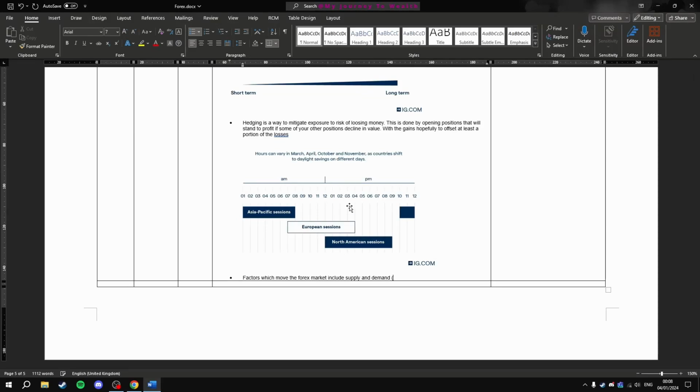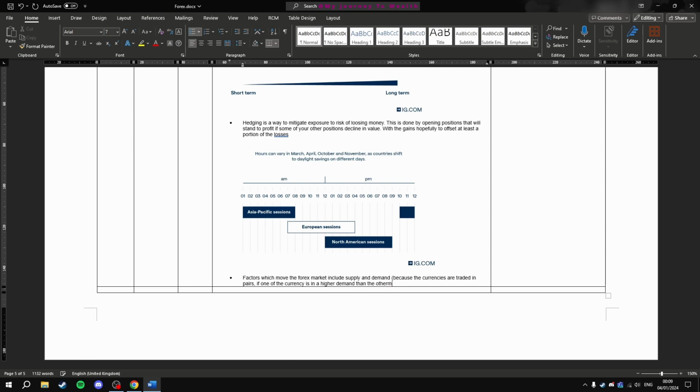Supply and demand. Because the currencies are traded in pairs, if one of the currencies is in higher demand than the other, then the high demand one is going to be worth more, isn't it?